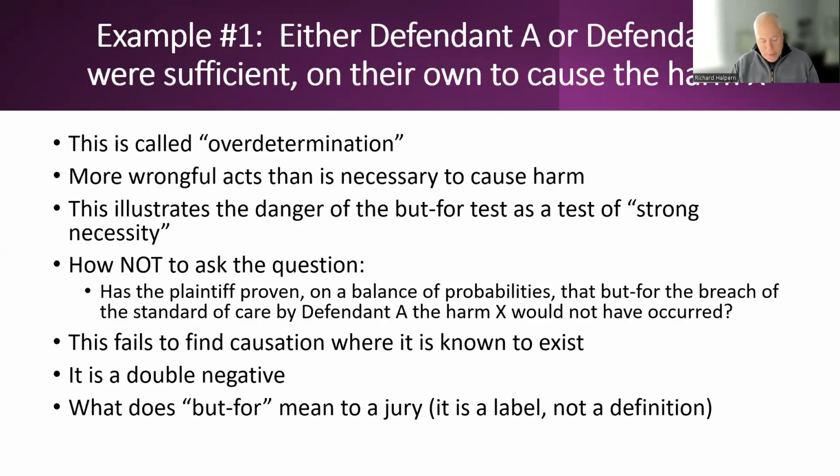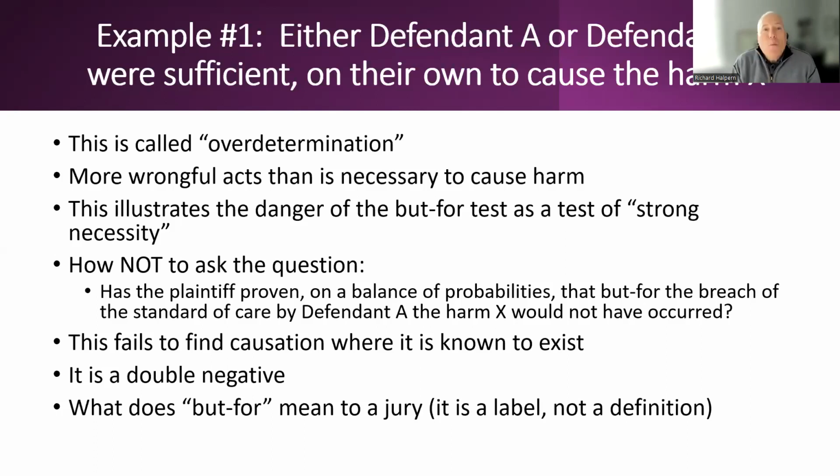The classic example is that there are two negligently set fires, and those two fires merge before destroying the plaintiff's property. Each fire on its own was sufficient to cause the loss. That is, had fire A happened without fire B, the loss would have occurred. Had fire B happened without fire A, the loss would have occurred. But both A and B merged together before the loss to cause the loss, each being sufficient.